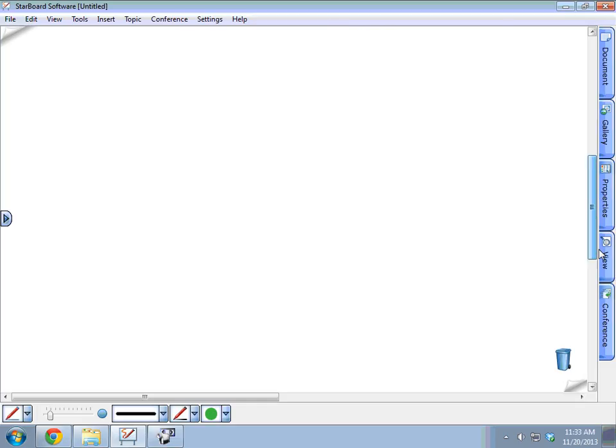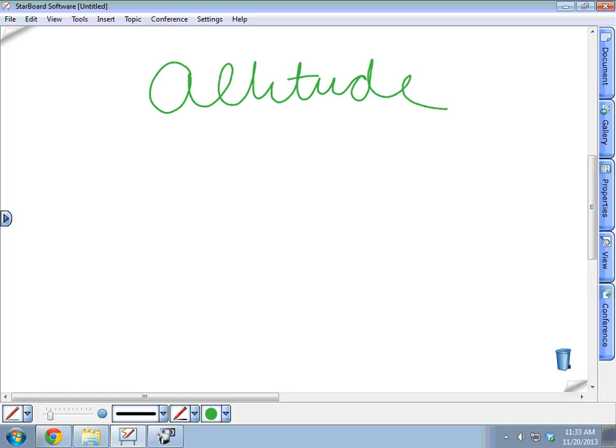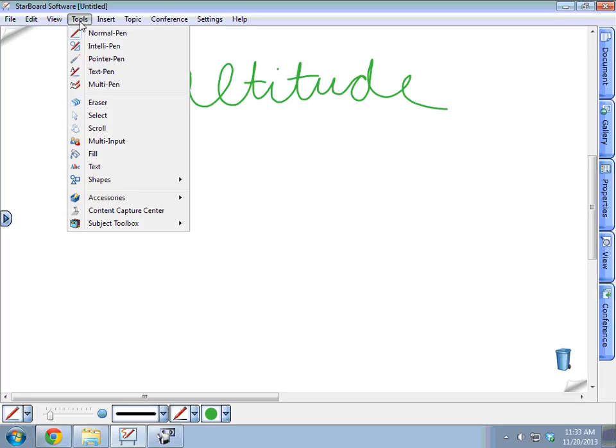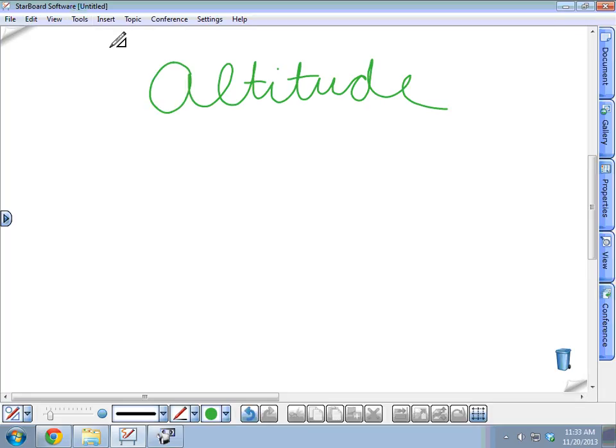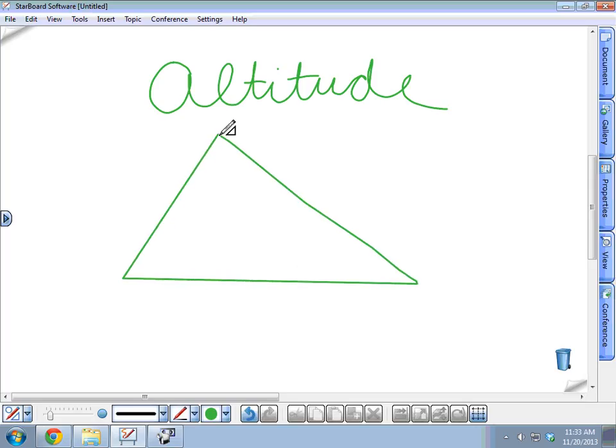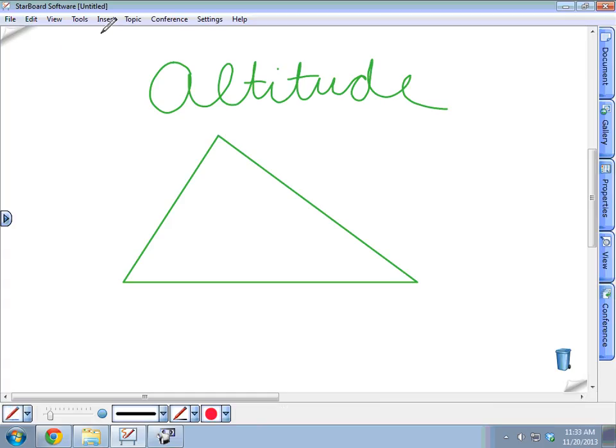All right. Now we have the idea of an altitude. An altitude is a line segment that goes from the vertex to the opposite side, creating a right angle.